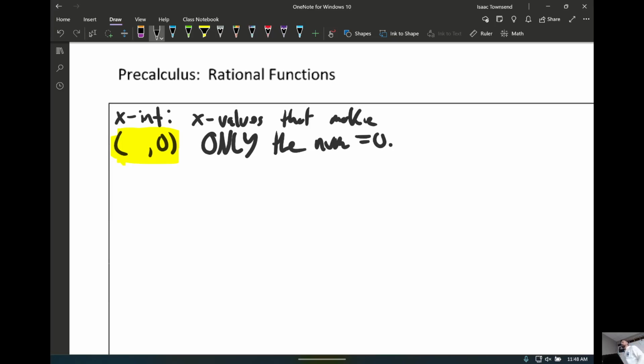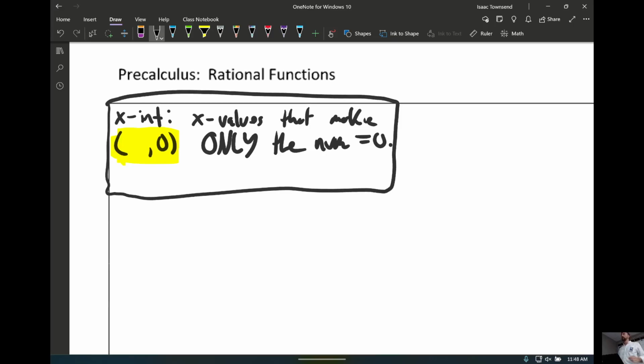Now, feel free to reword these, add details, add examples. But in my opinion, that's what you need to know to be able to do x-intercepts. Again, the keyword only, because if it also makes the denominator 0, it's no longer an x-intercept, it would be a hole.